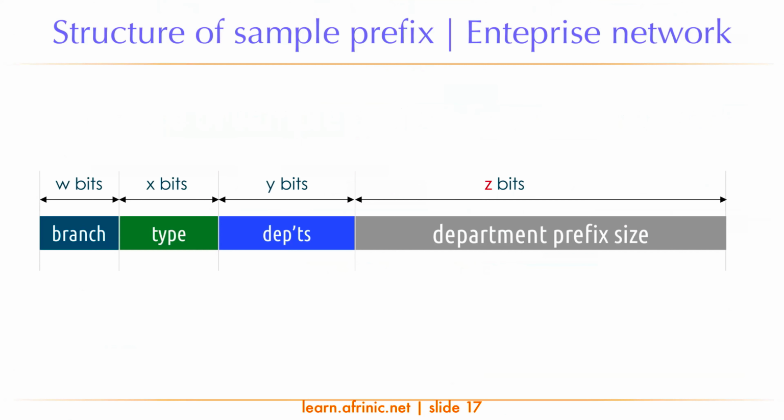Then this is how the sample prefix for the enterprise network we've just looked at will look like. So we have the branch, a certain number of bits will be used to come up with prefixes for the branches. And then inside the branches, we'll have a number of bits allocated for the type of service. And then inside the type, we have the departments.